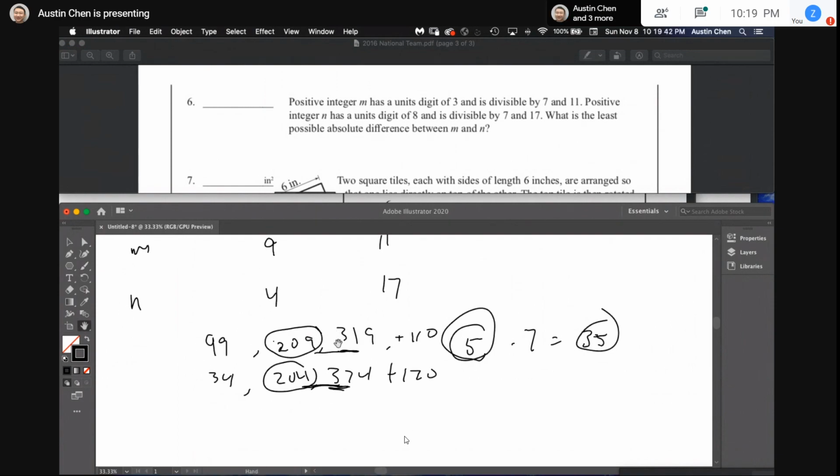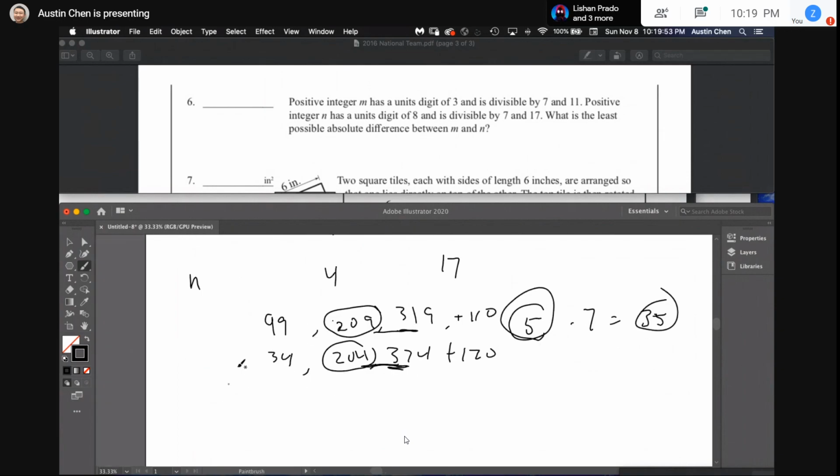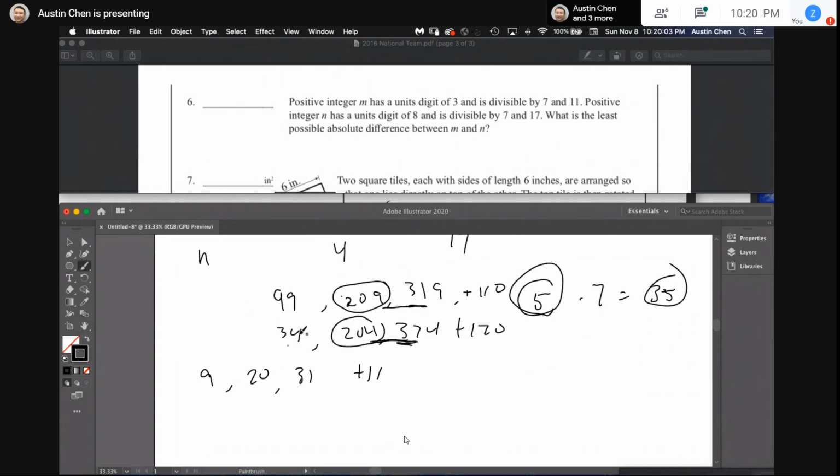So then it's an arithmetic sequence, not the unit digits. We start with 9 and then we have 20, and this is an arithmetic sequence by 11, right? And then this is an arithmetic sequence starting with 3 and it goes to 20 and it goes to 37. This is plus 17, right?